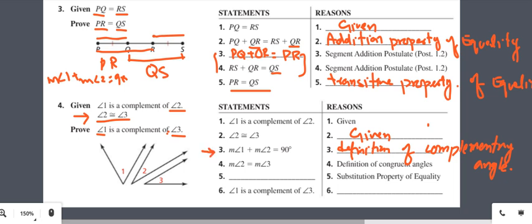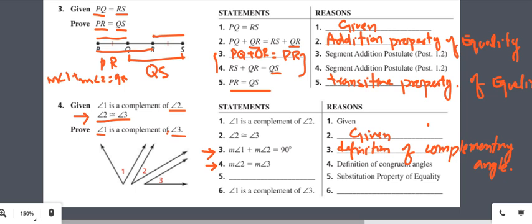With what information can I write this statement? Just by using the definition of complementary angles. Then we establish that measure angle 2 is equal to measure angle 3. Why? Because angle 2 was congruent to angle 3, so measure angle 2 becomes equal to measure angle 3.